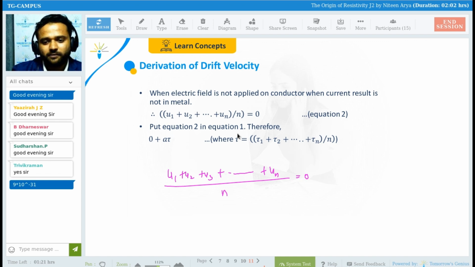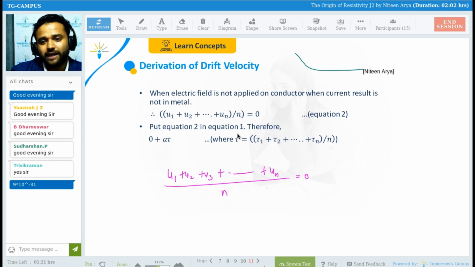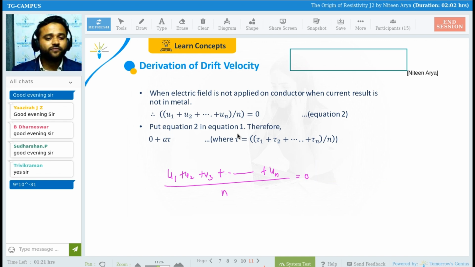Since the start we have understood what this u1, u2, u3 are. So anyone please tell me why this average is 0. Tell me, this is very common sense or basic.